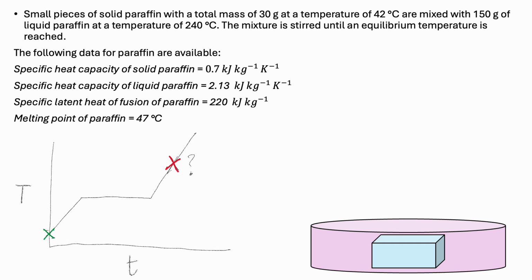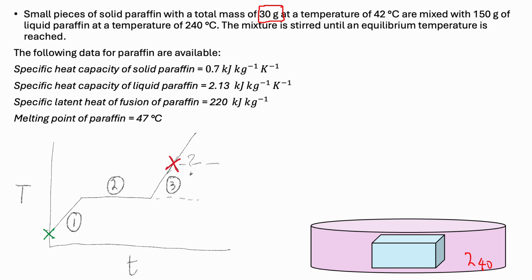So what effectively is going to happen is the hot liquid paraffin at 240 is going to give some of the energy to do three things to the solid lump or lumps at 42 degrees. It's going to heat it up until it gets to its melting point. That would be phase one there.